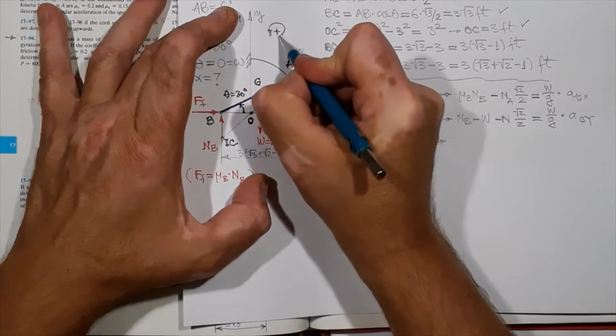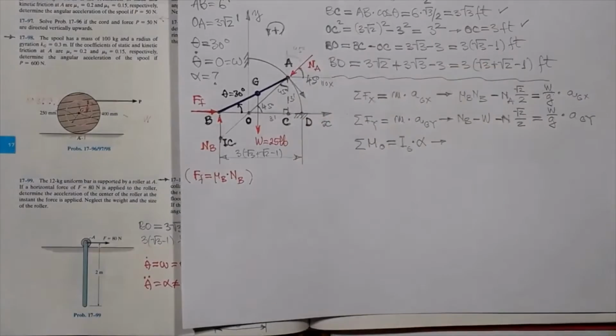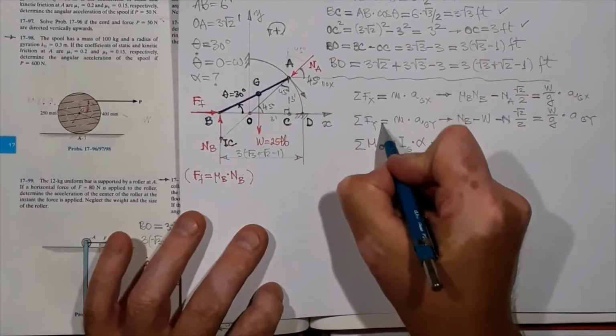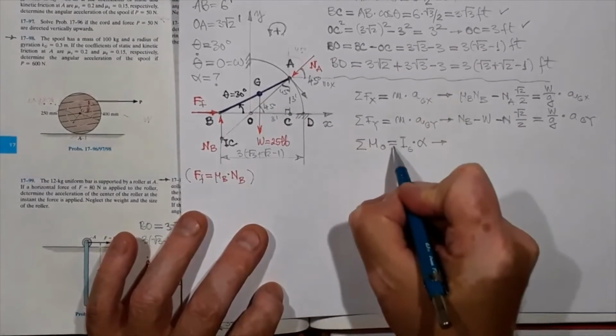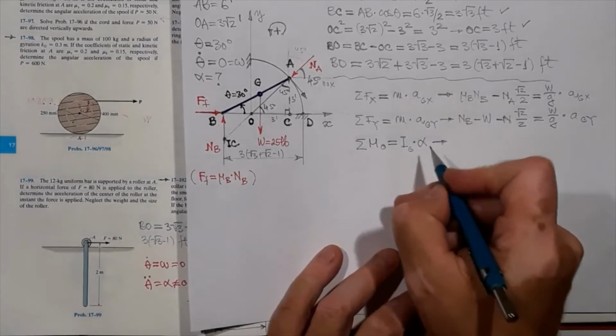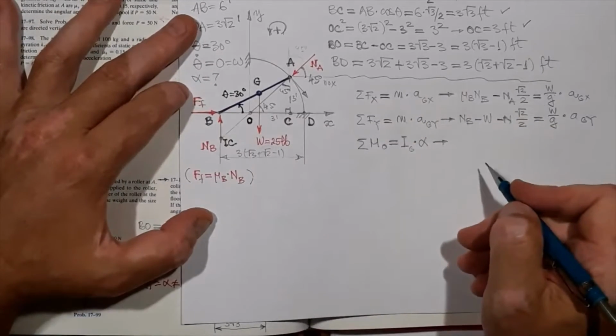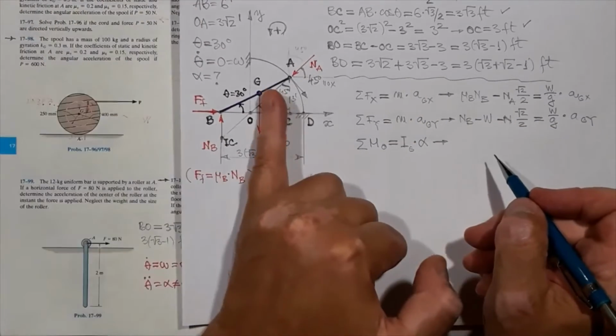It's best not to break with this rule because alpha is positive when it's counterclockwise. And if we do any kinematics where we need to take the cross product of alpha with some position vector, we need to take care of changing to minus if alpha is assumed positive clockwise.